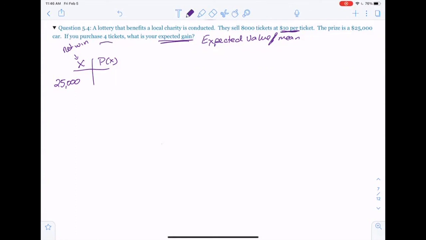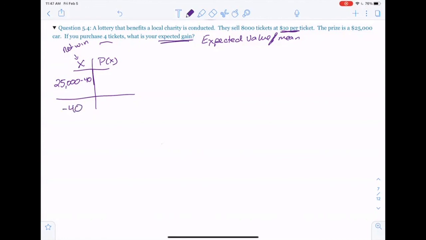So your actual winning outcome is not 25,000, but 25,000 minus 40. Your other outcome, what happens if you lose? Well, if you lose, you don't get anything, but you lose your $40. So it's just minus 40 for losing.